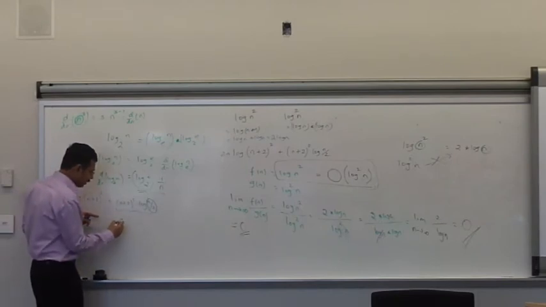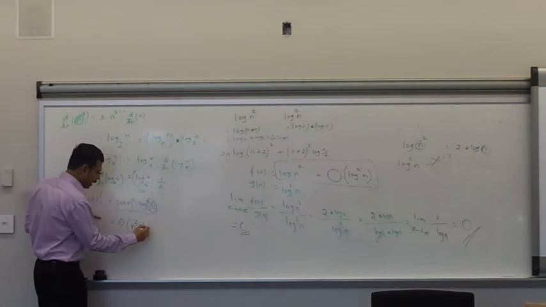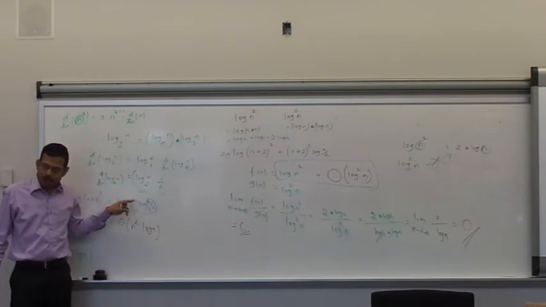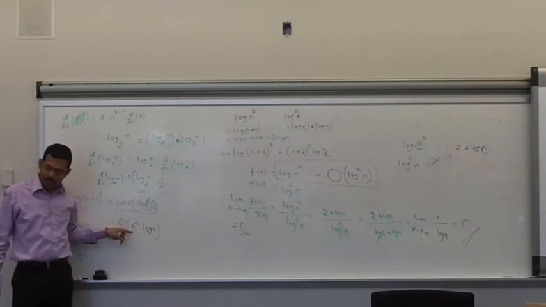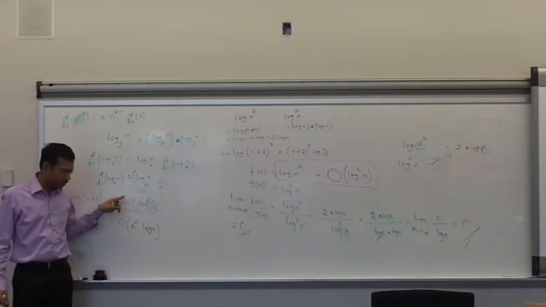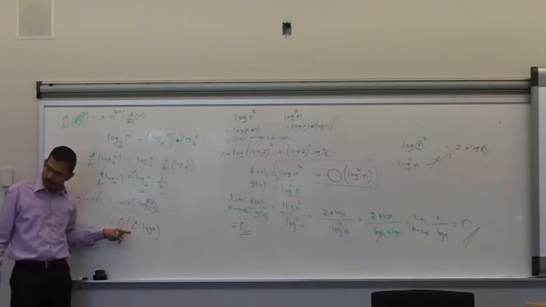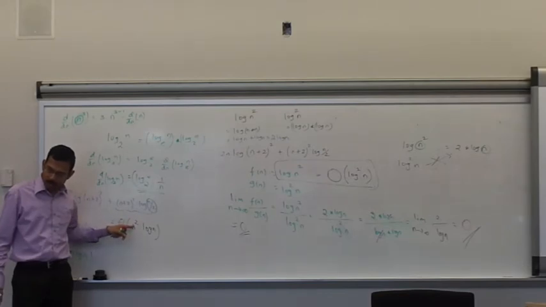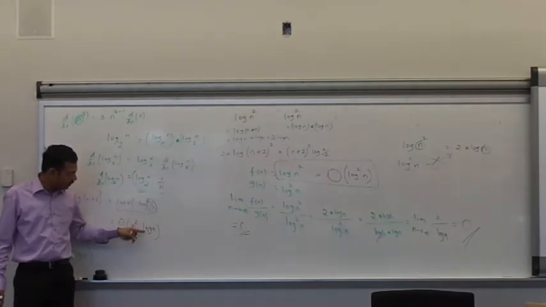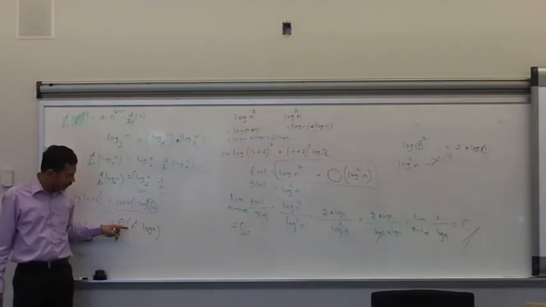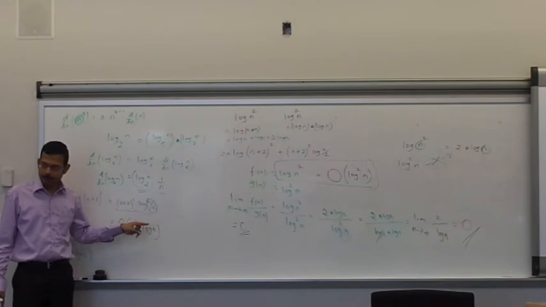So I can say this is theta of n squared log n. (n+2) squared grows at the same rate as n squared. Log(n/2) grows at the same rate as log n. So I'm looking at each of these individual terms: (n+2) squared grows at the same rate as n squared, so that's theta of n squared, and log(n/2) grows at the same rate as log n. So I can combine them and say this is theta of n squared log n.